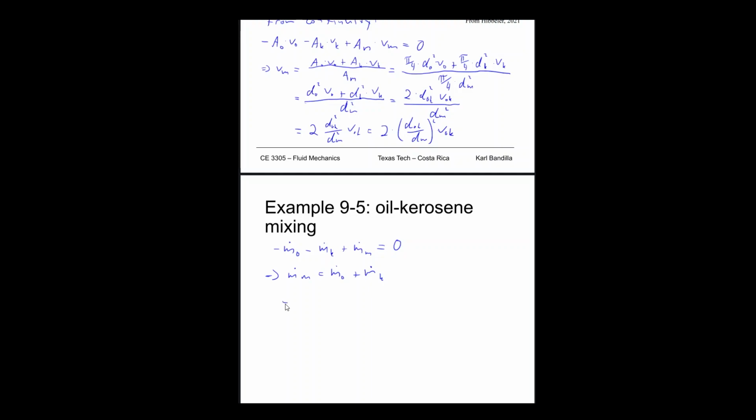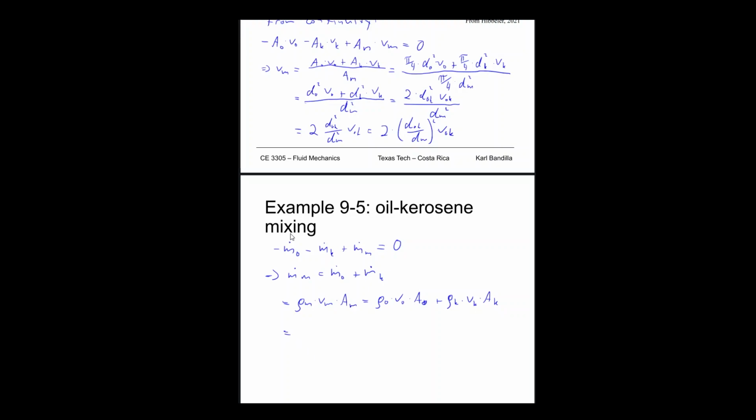That's the same as saying rho mixed times V mixed times A mixed is equal to rho oil times V oil times A oil plus density of the kerosene times V of the kerosene times A of the kerosene.